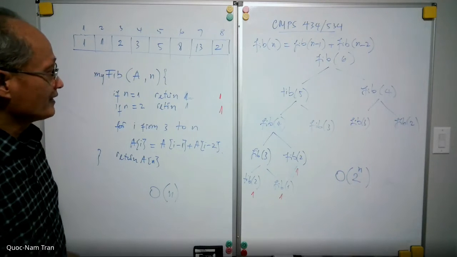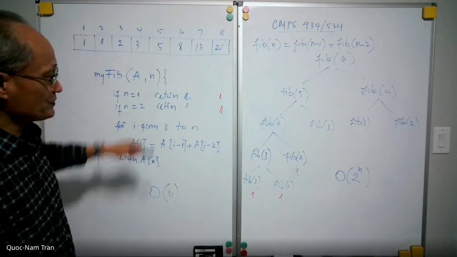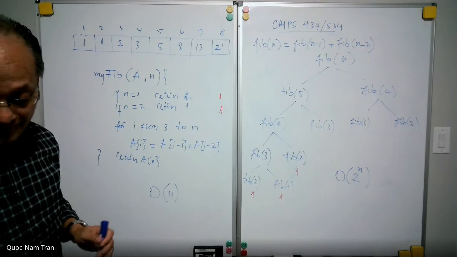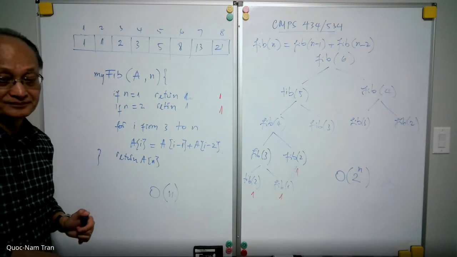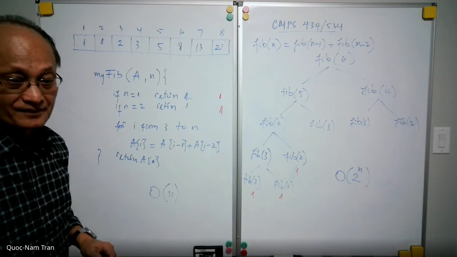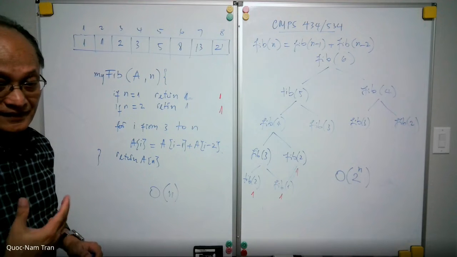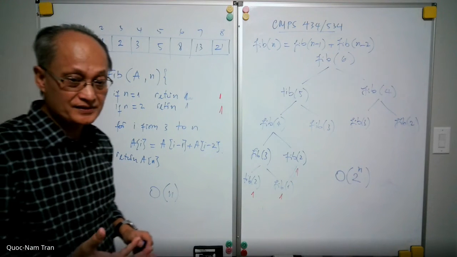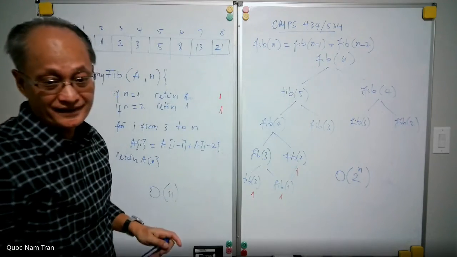But is there any disadvantage of this approach? One of the disadvantages is we need to have an array. Okay?